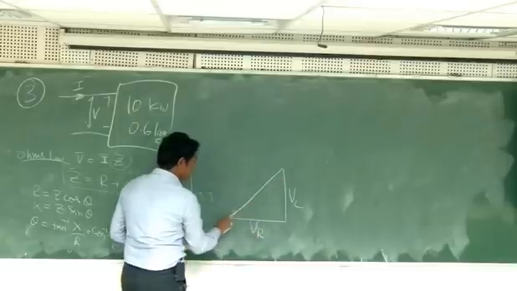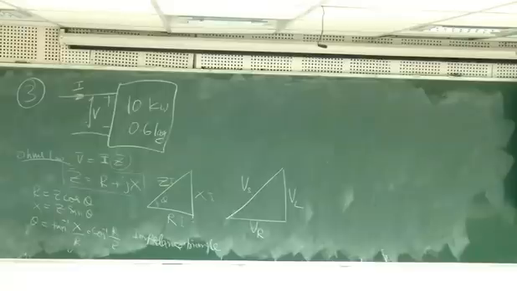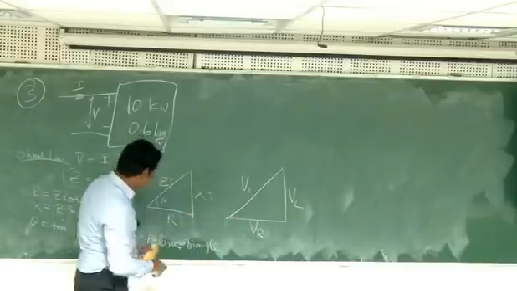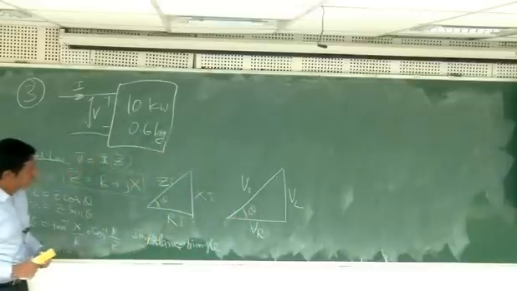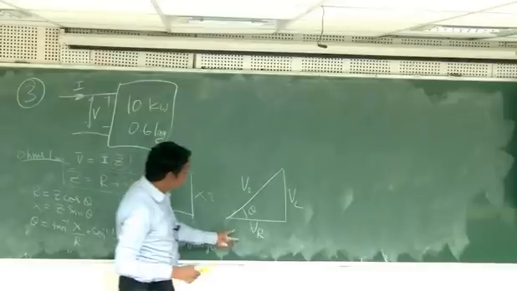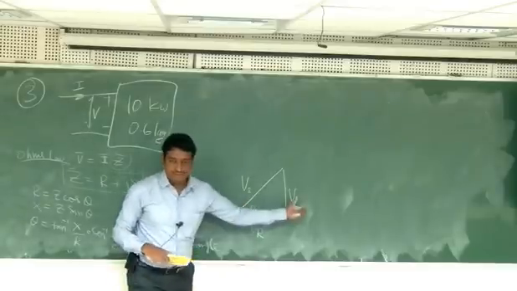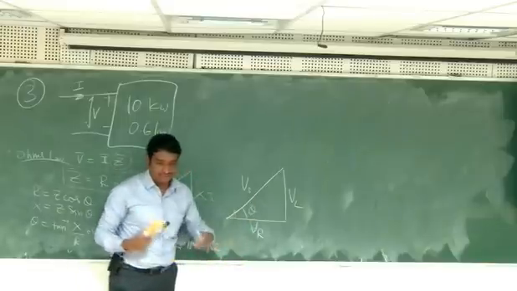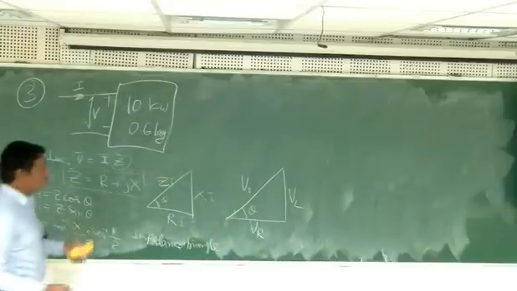And then this is Vs, the supply voltage. The same theta comes here also. So if the supply voltage and resistance voltage are known, you can calculate VL. VL will be the square root of Vs square minus VR square and so on. This is called the voltage triangle.